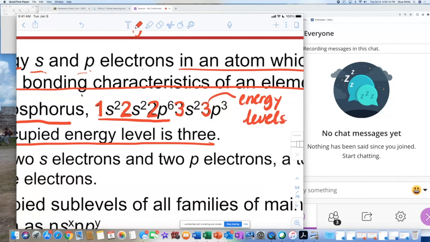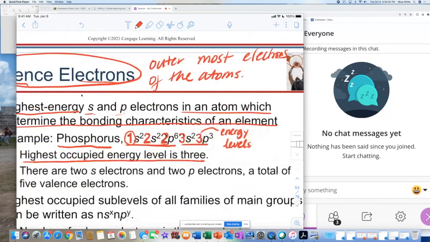So that's the one I was relating to floors versus the sections or wings on the floor. So you have energy level 1, energy level 2, energy level 3. They're telling you the highest occupied energy level is 3. You can see that here. These are the highest. We don't have 4. 1 is completely full. 2 is full, but the highest level occupied is 3.